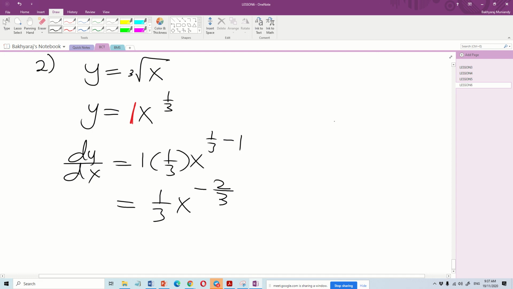Okay, negative 2/3. So negative means what? Negative means there's a fraction there. So you akan dapat 1/3 times 1/x^(2/3).